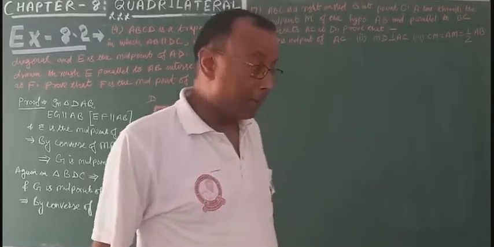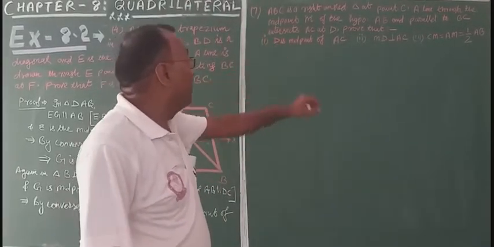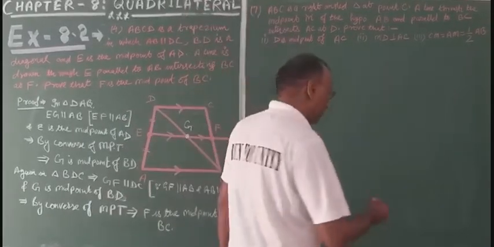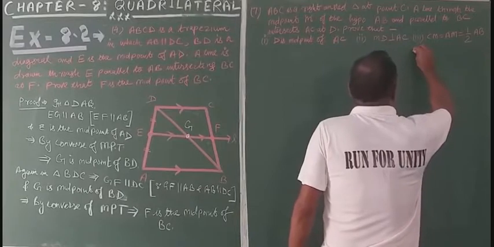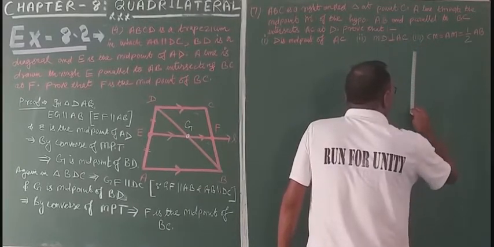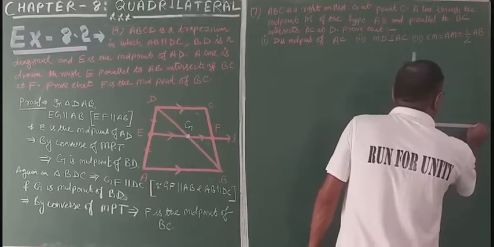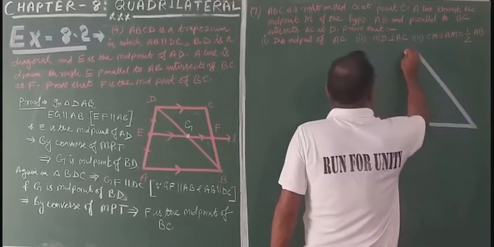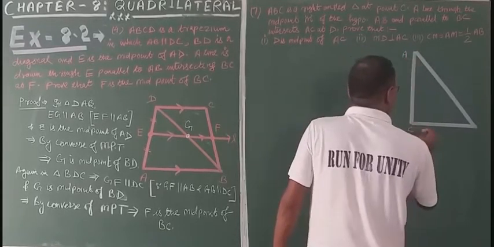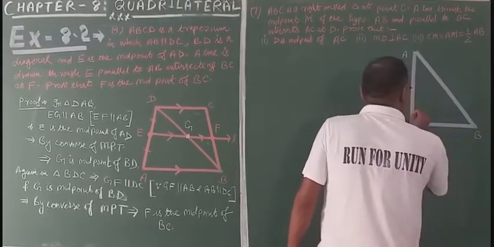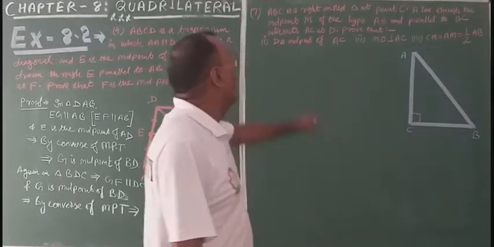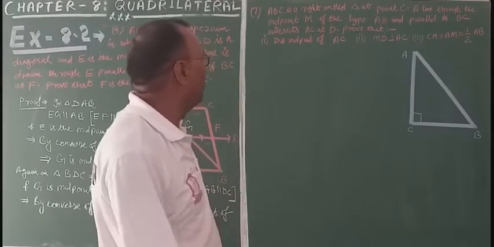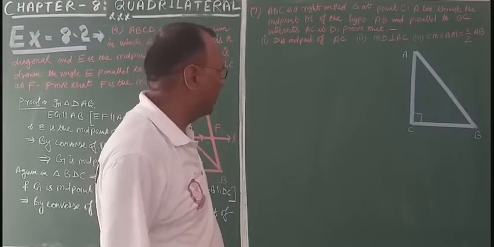Now this is question number 7. ABC is a right angle triangle, right angled at point C. A line through the midpoint M of the hypotenuse AB.